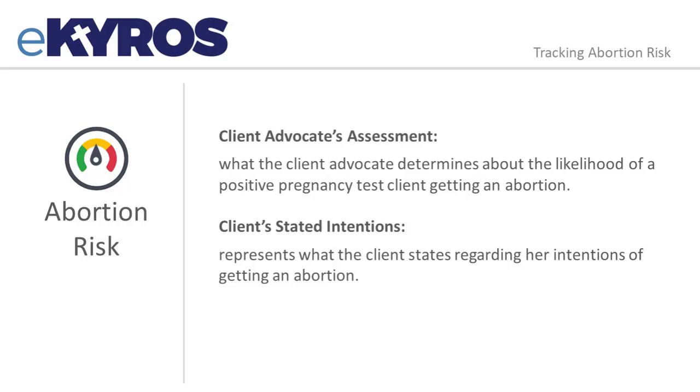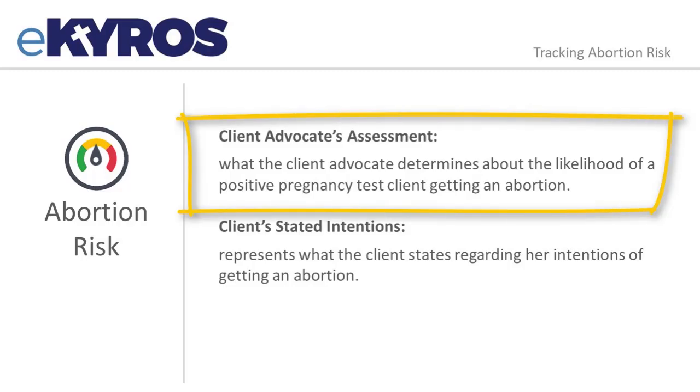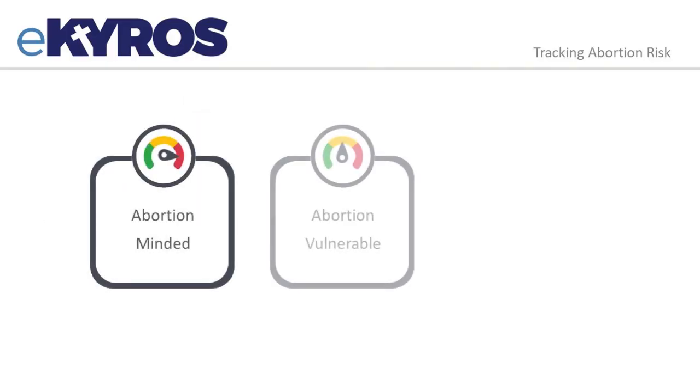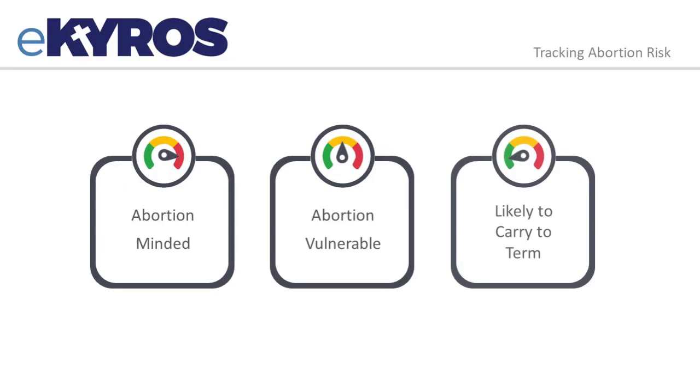When assessing abortion risk, a client advocate can assign one of three risk levels: abortion-minded, abortion-vulnerable, or likely to carry to term. Let's refer to CareNet's definitions to help us better understand each risk level.